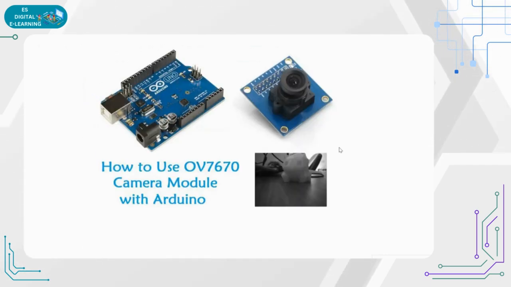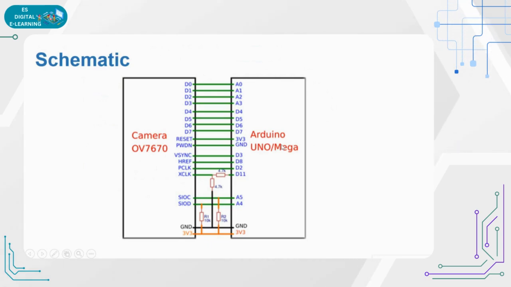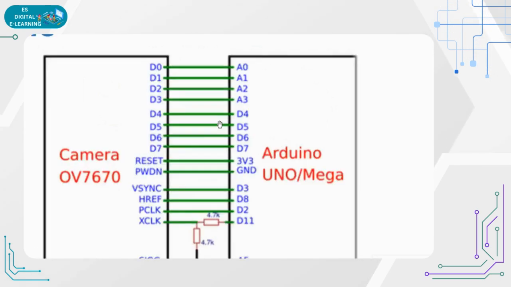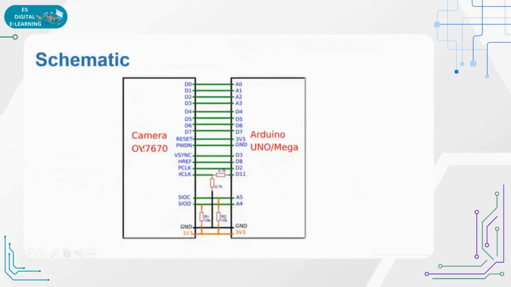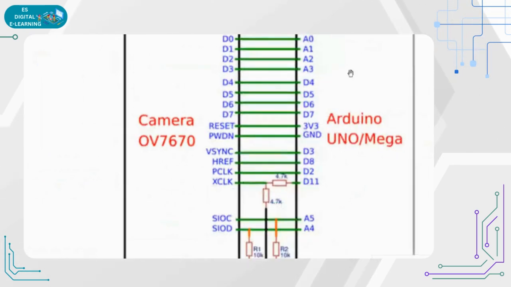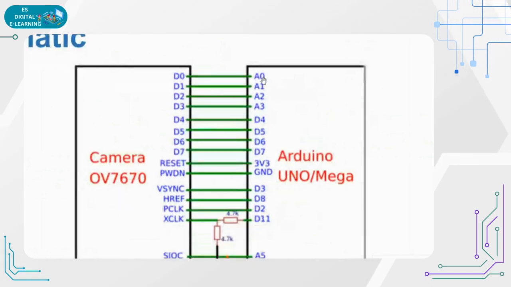So let's understand, we have a controller and a device. It's a camera, so the camera is able to capture information. To configure it, we need to understand the pin diagram, that is the schematics: from the device, which pin we connect where. The camera has pin connections, and the controller has pins.